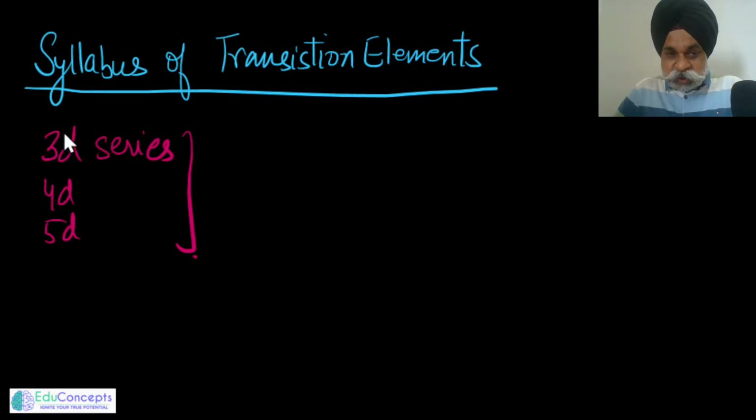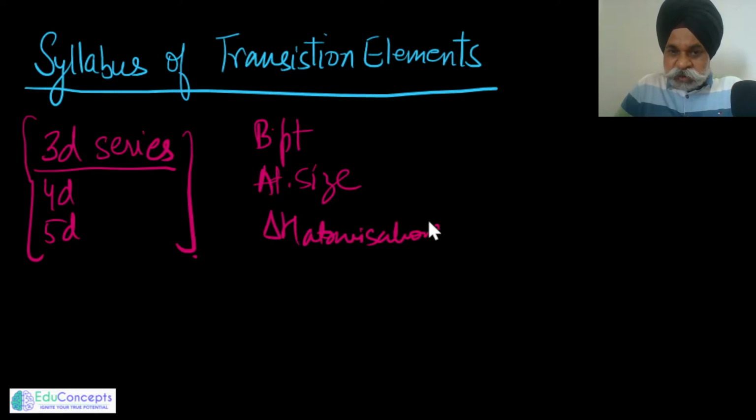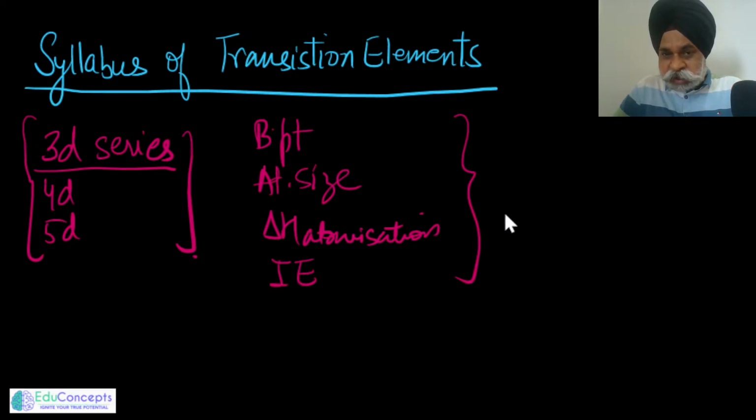I would suggest you read the general properties of the 3d series, 4d and 5d series in comparison, like boiling point, atomic size, melting point, enthalpy of atomization, ionization energy, things like that, from your NCERT. Read the general trends from NCERT very religiously.